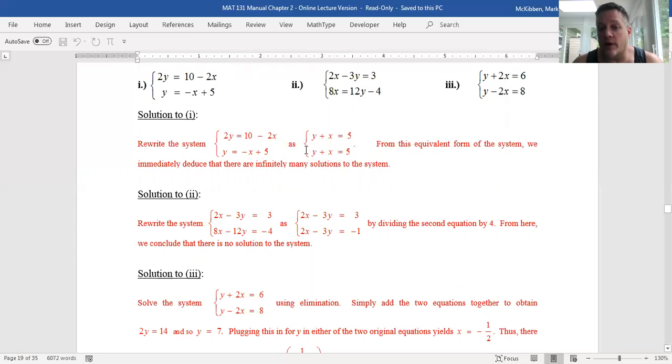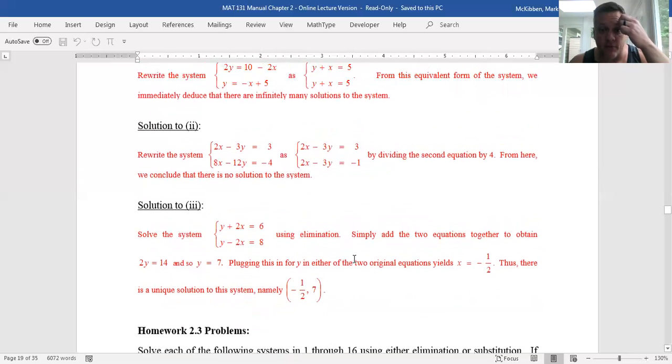And so another way of saying that is if I were to rewrite this equation by dividing both sides by 2, I'll get the exact same equation. So I'm removing that multiple of the first equation, kind of removing its disguise, if you will. And so I can see that you get exactly the same equation back. And so there are infinitely many solutions here, namely any point on this line would be a solution.